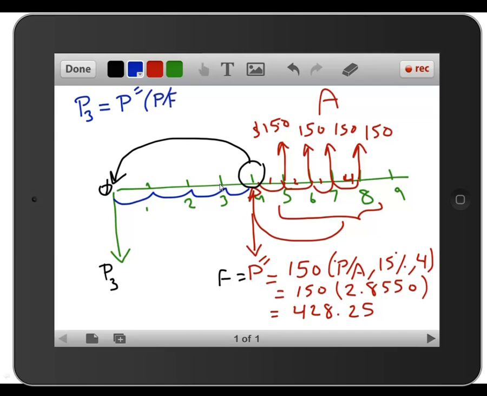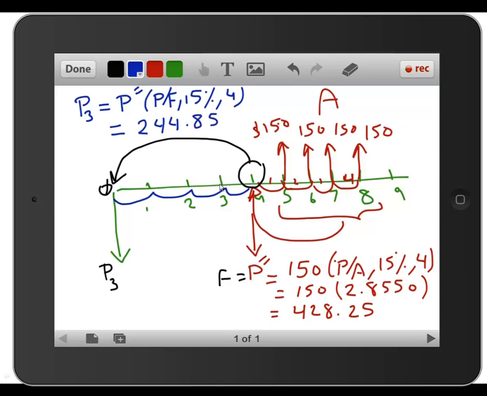Calculating the amount will equal 244.85.